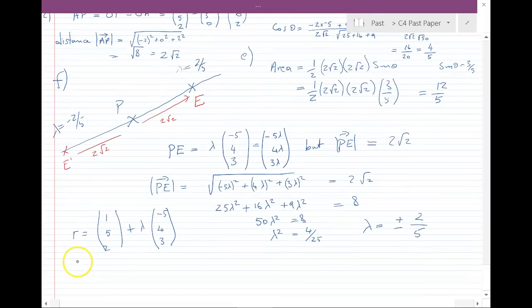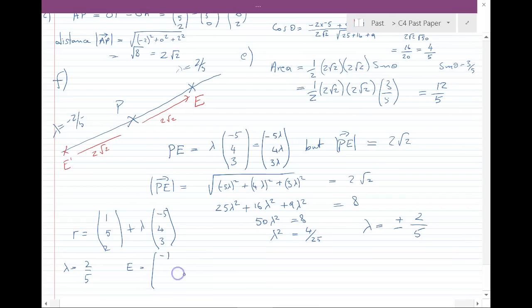So when lambda equals positive 2/5, I've got E equals, putting 2/5 in here, minus 5 times 2/5 gives me minus 2, so that will be minus 1. 4 times 2/5 is 8/5, plus 5, that gives me 33 over 5.